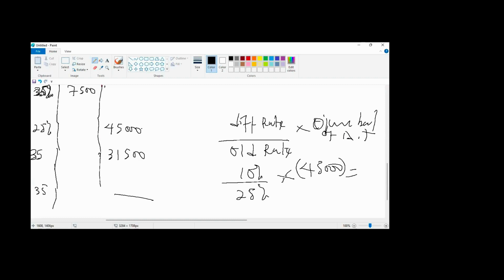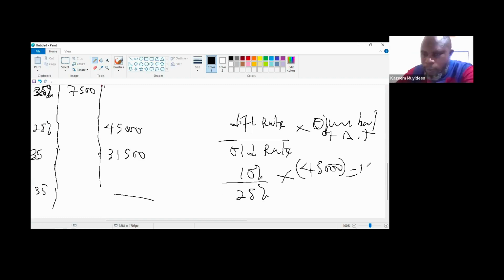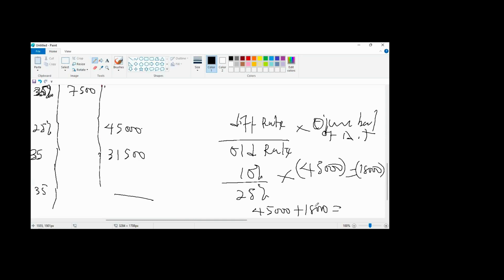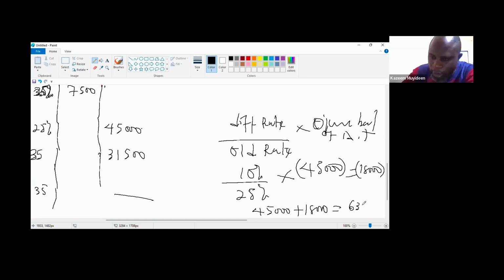We'll now say 45,000 plus 18,000 total credits. What does it give us? 63,000 credits.